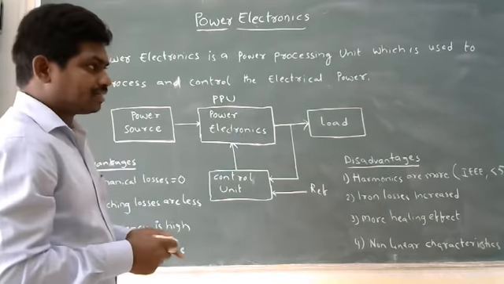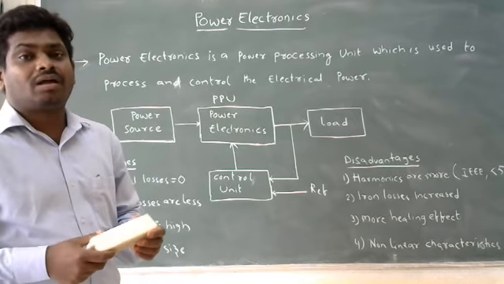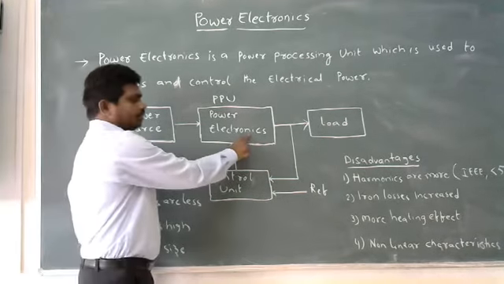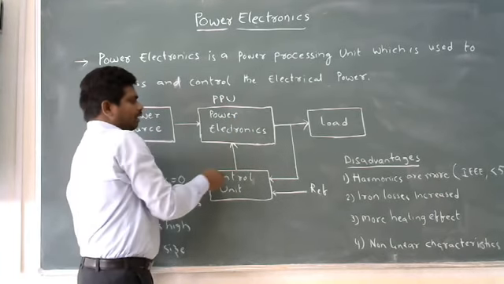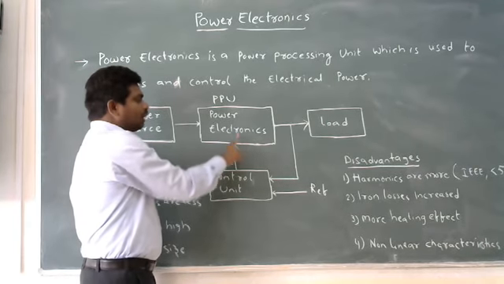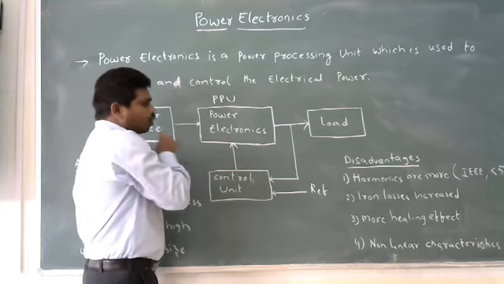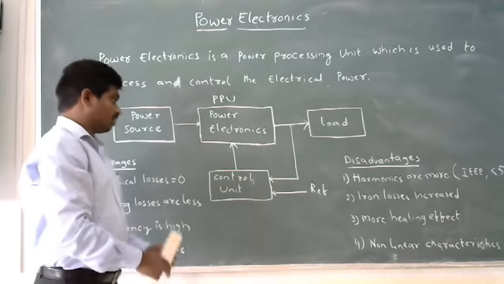The extra terminal is called the gate terminal, and it is the controlling terminal. It controls the output of the configuration. So when you use a thyristor based rectifier, it controls the output of this configuration and processes the power from source to load.